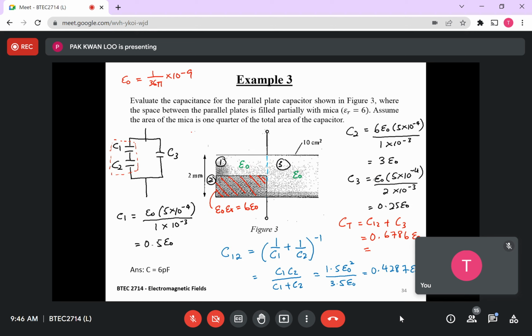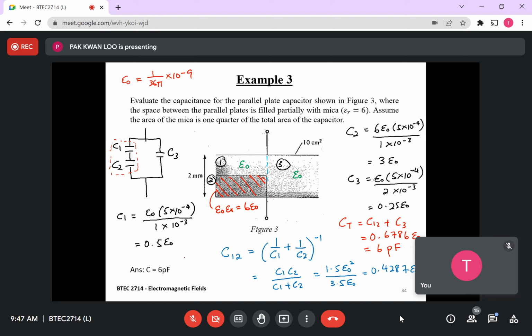Multiplying with 0.6786, the calculation I get is 5.99998 times 10 to the power of negative 12. So it's 6 picofarad.